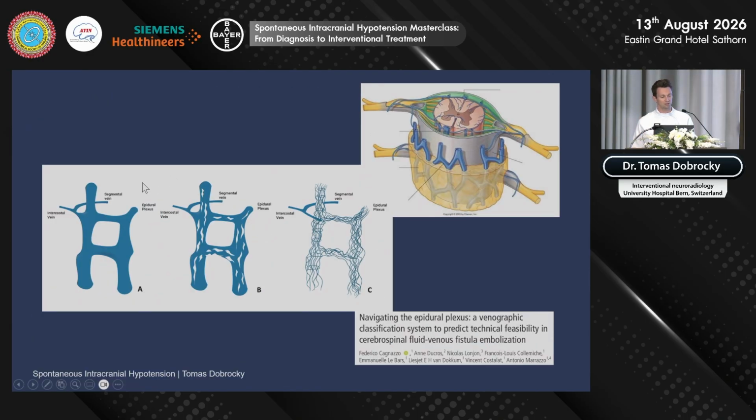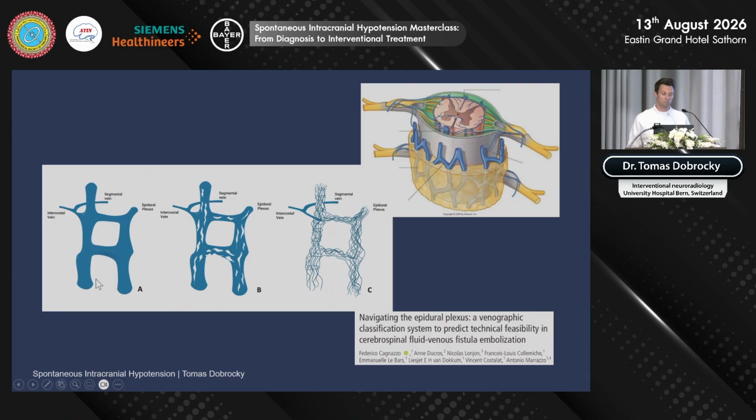I'll come to that. So what is possible, and a lot of times it is a lot easier, is that you navigate into any kind of segmental vein, you enter the epidural plexus, and you go cranial or caudal to the desired level of the fistula, you exit there, and you embolize that desired level.